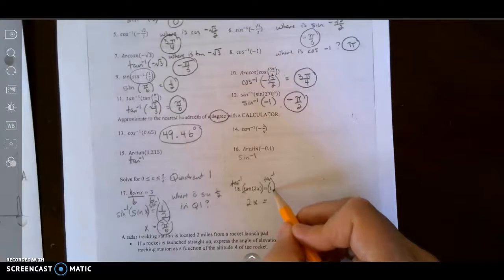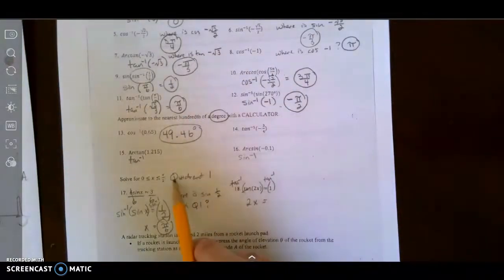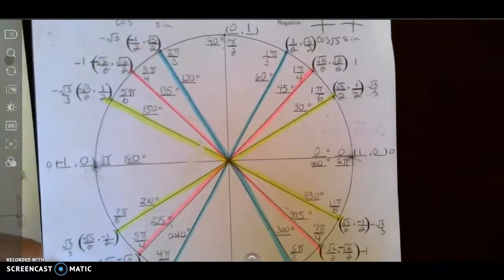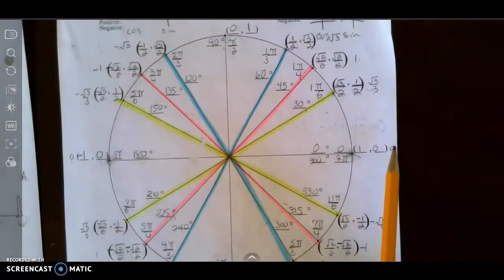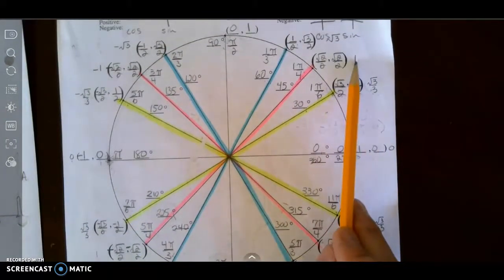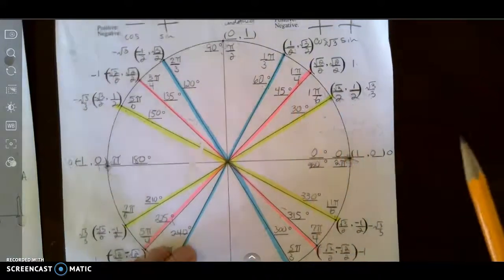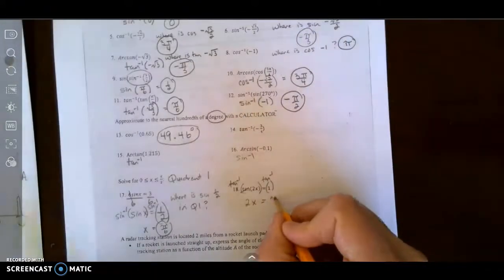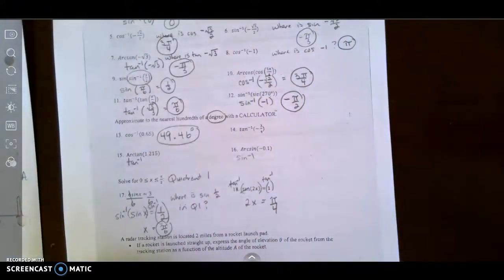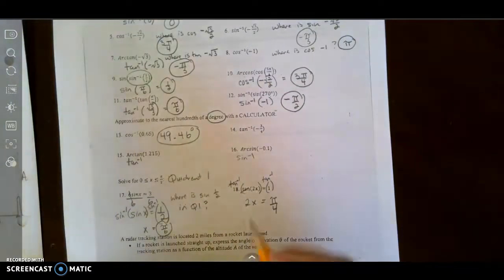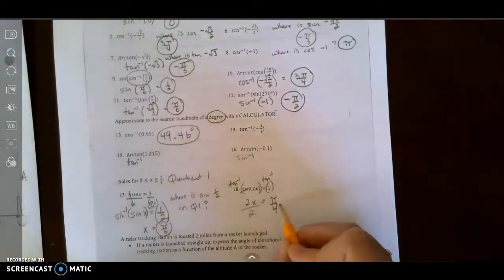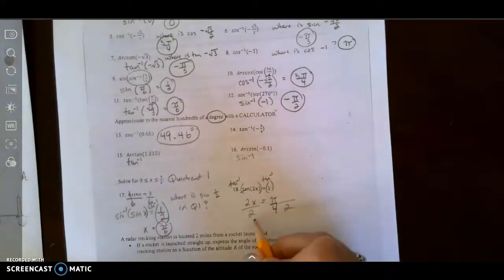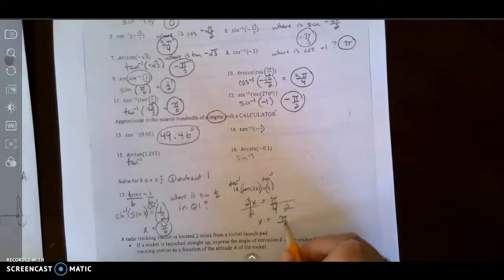Where is tangent 1? In quadrant 1, remember. So I come here to quadrant 1, and I look for a tangent of 1 right there at pi over 4. Now to finish solving for x, I divide by 2, and I get x equals pi over 8.